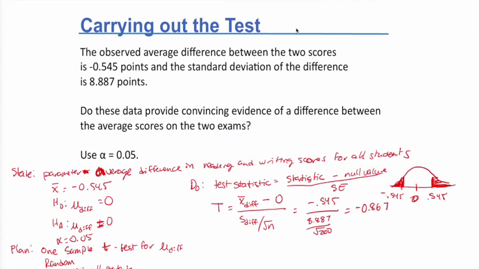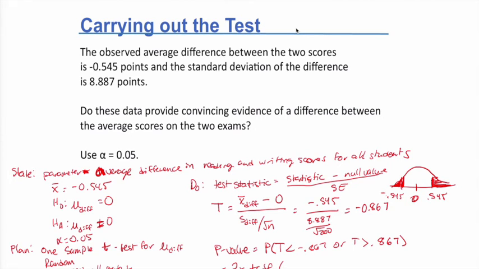So our p-value is going to be the probability that our t is less than negative 0.867, or t is greater than positive 0.867, which is, we multiply our TCDF by 2.